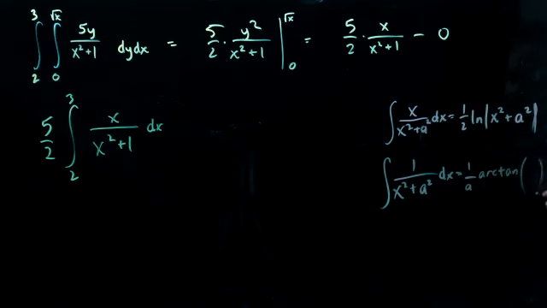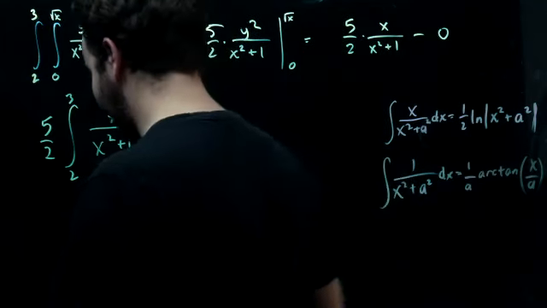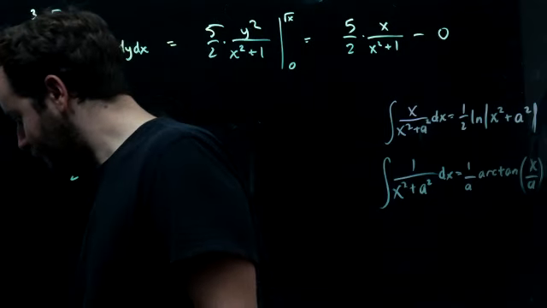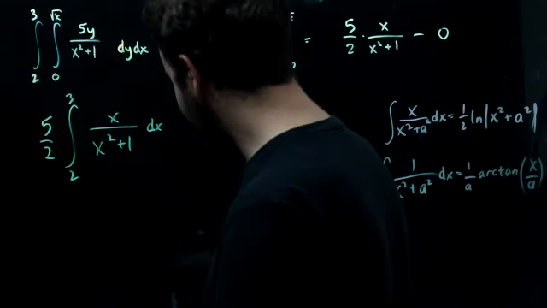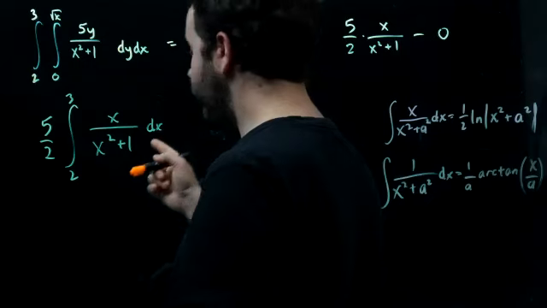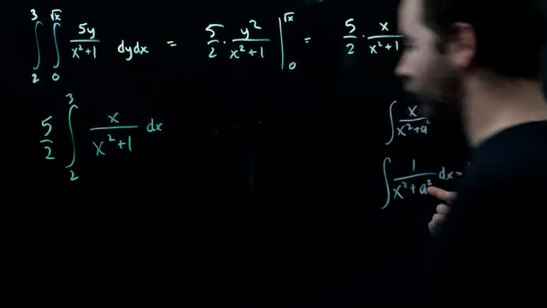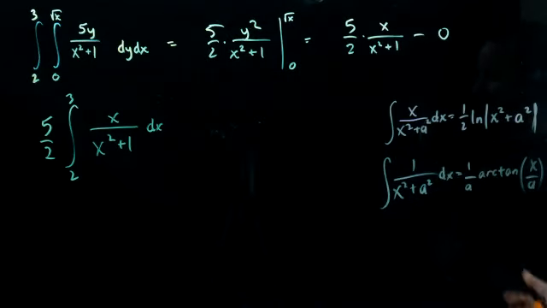Okay, 1 over a arctan x over a. You got that one down? You really expected us to remember that? Yep, I did. So this one, x over x squared plus 1, is not the second integral. It's the first integral, x over x squared plus a squared.